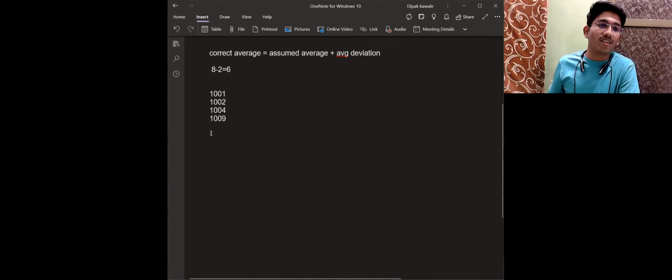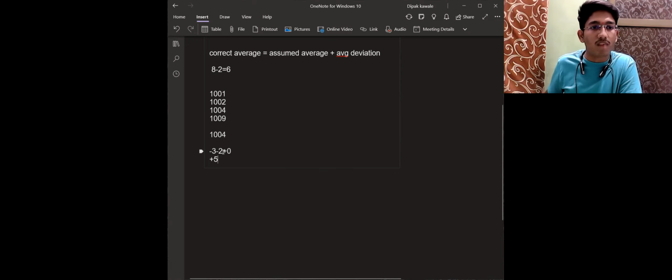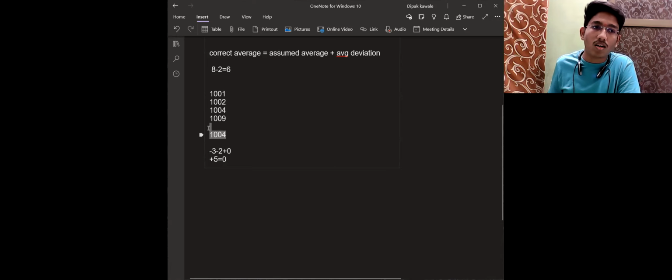We are assuming what? Let's assume my 1004 is my average value. So the difference of 4 and 1 is -3, and 2's difference is -2, from 4 it is 0, and from 9 it is +5. Okay, so my -3 and -2 is -5, and this +5, -5 plus 5 equals 0. That means I have assumed the correct value.